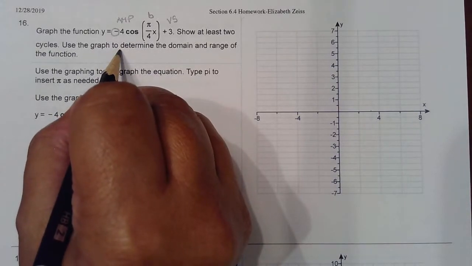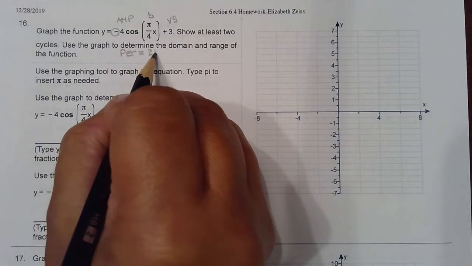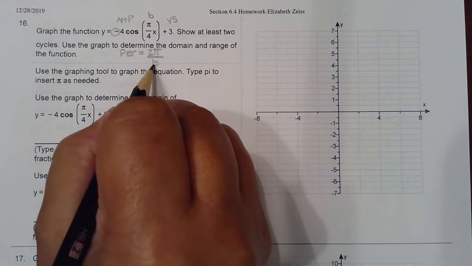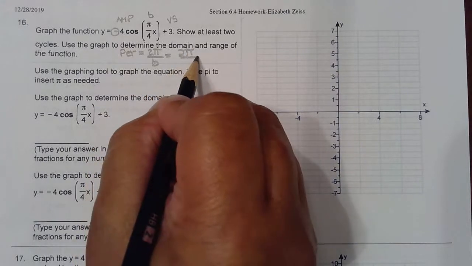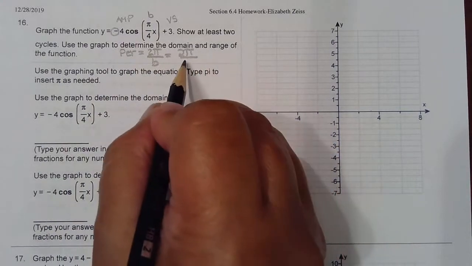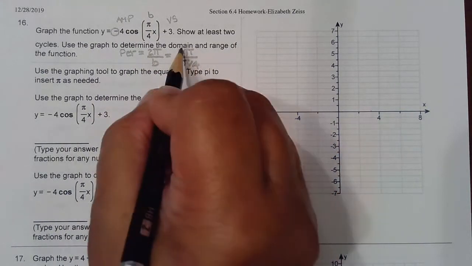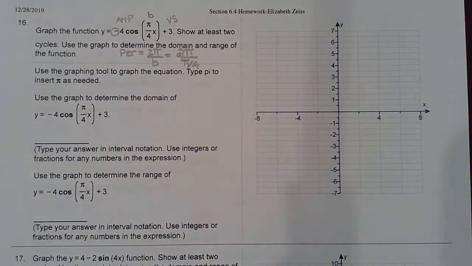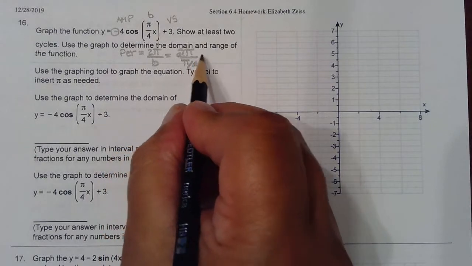do period. Formula for period is 2 pi divided by B. And your B value can always be found right after the trig word, but right before the x. So right there, it's pi over 4. If you want to simplify something like this, then you leave the numerator as is, float this denominator to the top, and flip it over.